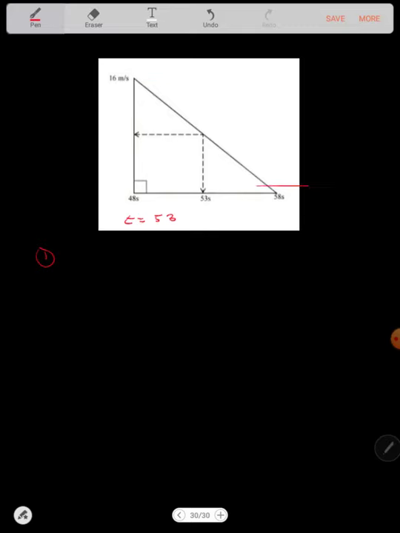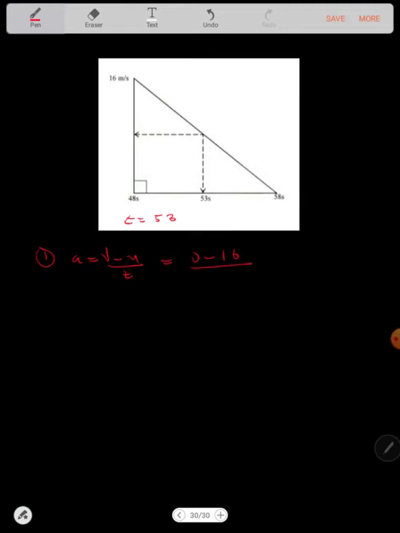Now this side, the slope is going down, so we need to find the negative acceleration, which is also known as the retardation or deceleration. So deceleration will be equal to 0 minus 16 over the time taken.